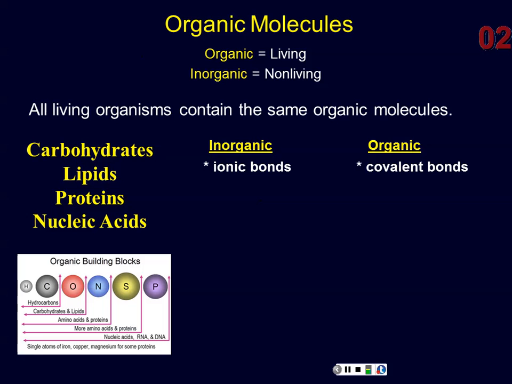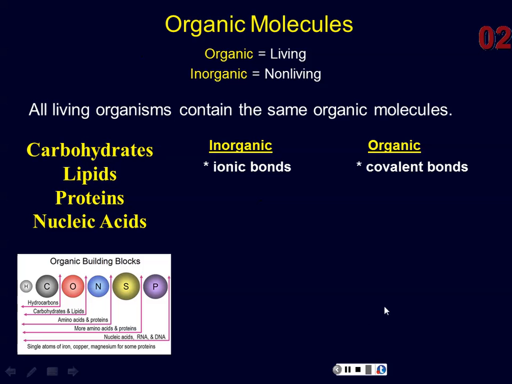We talked last time about ionic and covalent bonding, and we said that ionic bonding was when electrons are transferred. That creates charged atoms called ions that are attracted to each other. Covalent bonding is when atoms share electrons.